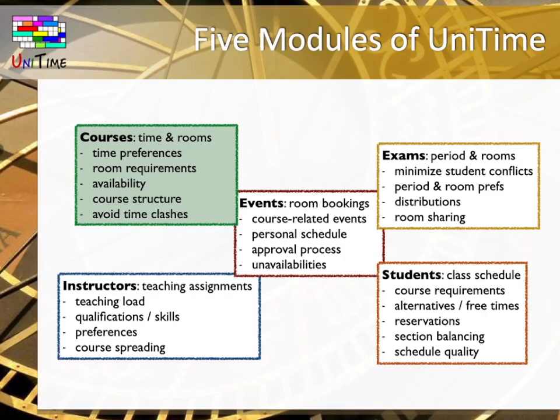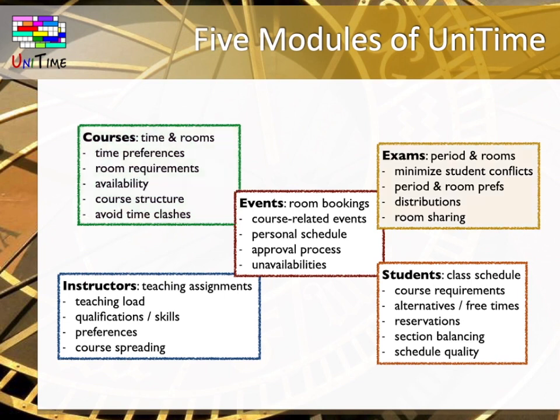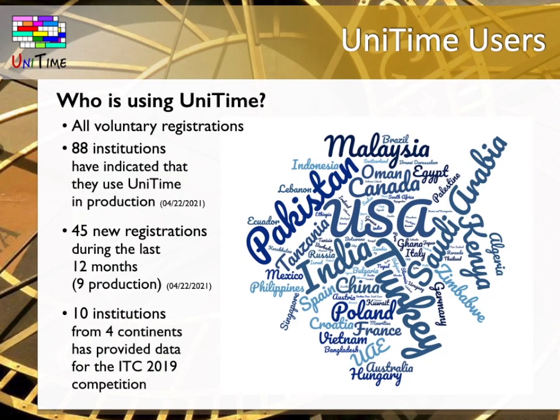We have seen all the 5 modules of UniTime: the course timetabling, the examination timetabling, the student scheduling, the instructor scheduling, and the event management. Let me offer you a brief overview of UniTime users. We know this from their registrations, which is voluntary.